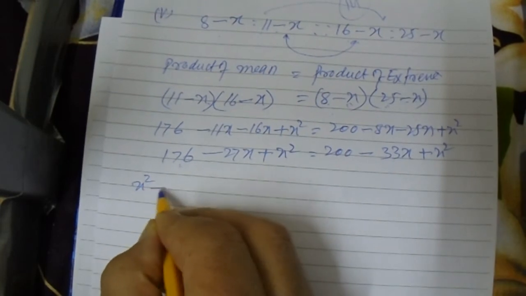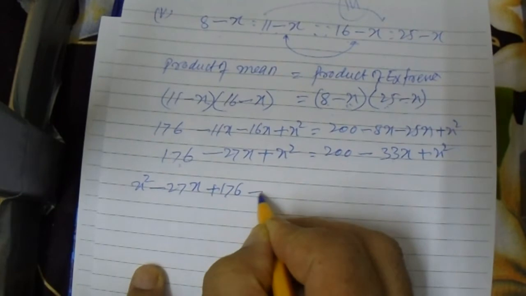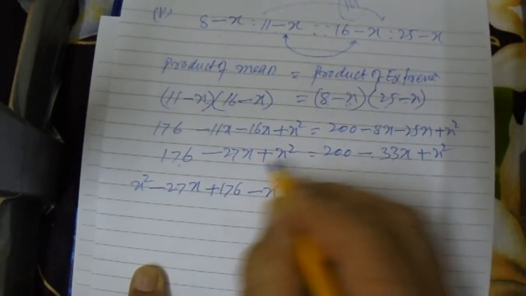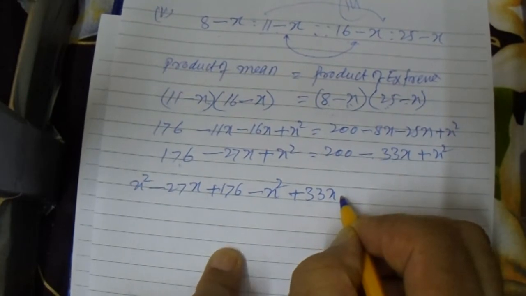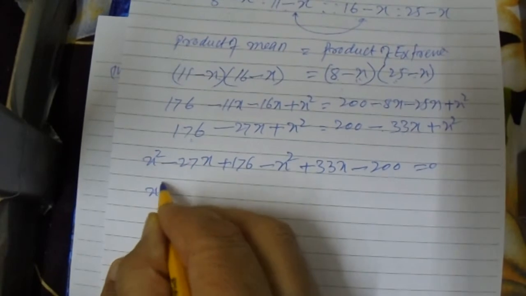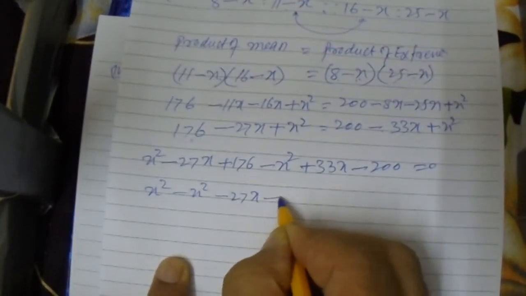X square minus 27x plus 176 minus x square plus 33x minus 200 is equal to 0. Now right here x square minus x square, minus 27x and plus 33x.